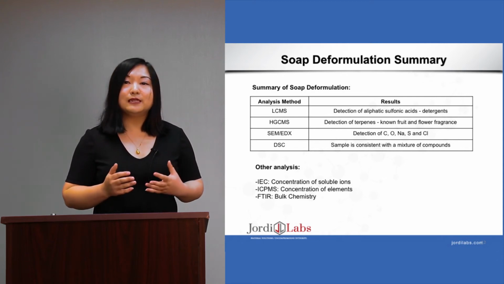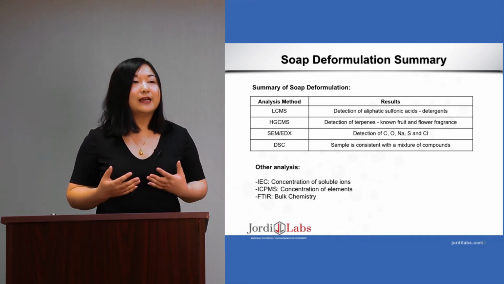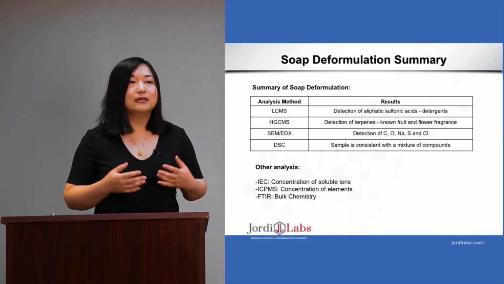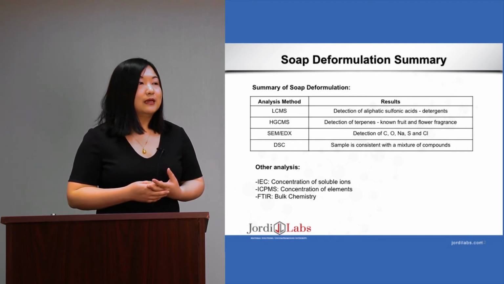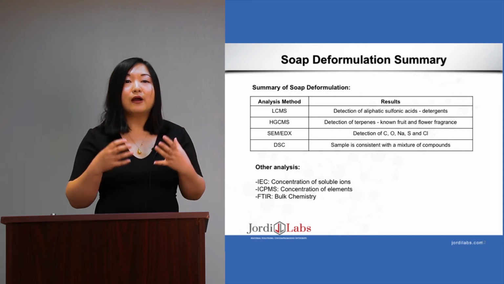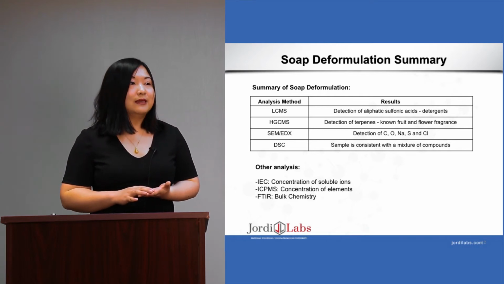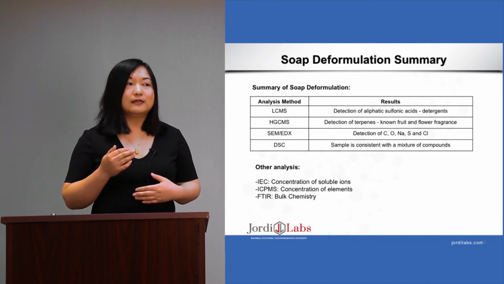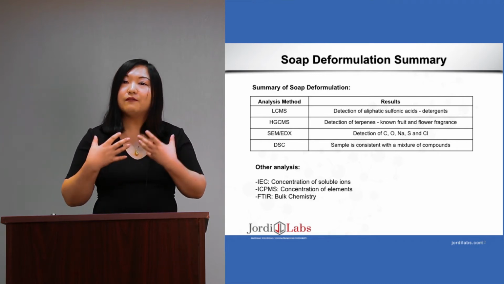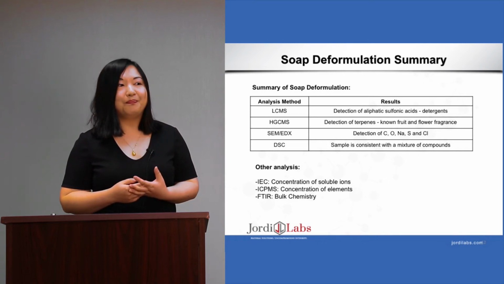The LC-MS data showed us that there are long-chain fatty acids and some surfactants and sulfonates in the product. And the headspace GC-MS showed us the major volatile components in the bar soap are terpenes. And then SEM-EDX and DSC confirmed our findings from the LC-MS and GC-MS data.